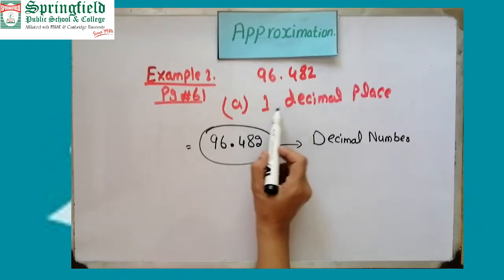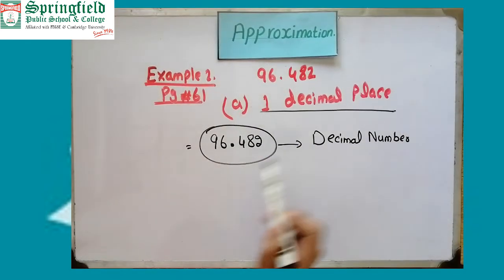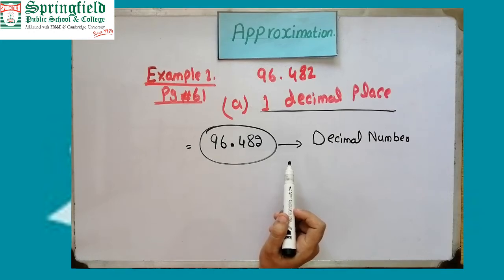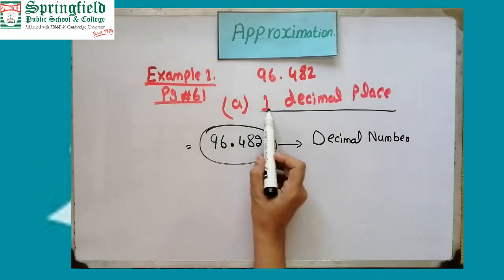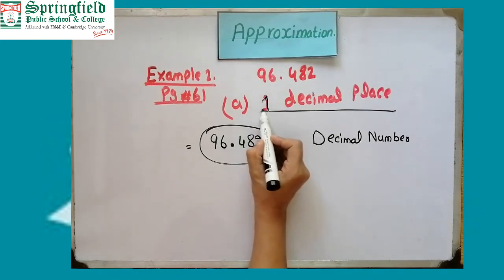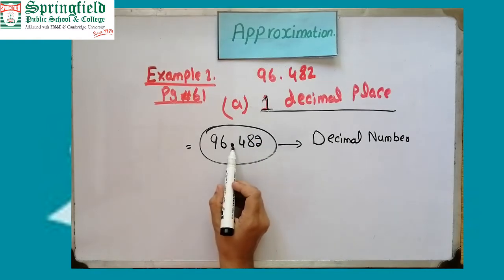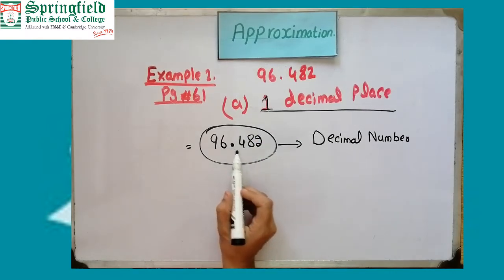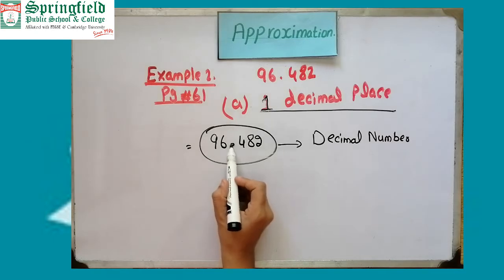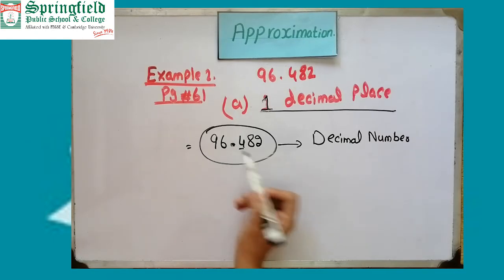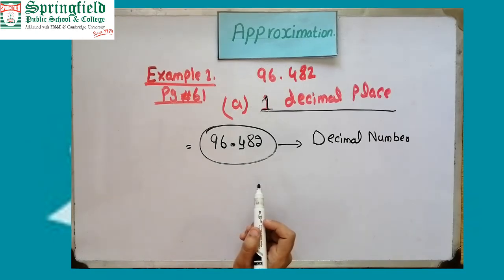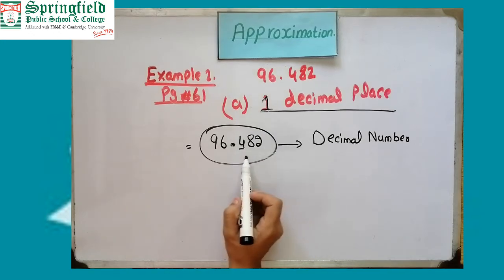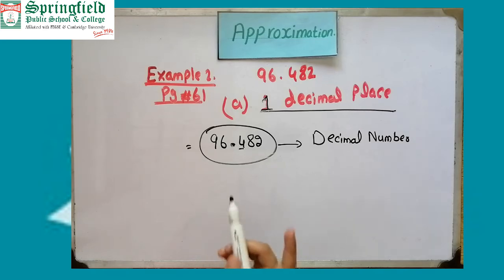Now they are saying to round off to 1 decimal place, which means a number that has just 1 digit after the point. 1 decimal place means a number has just 1 digit after the decimal point.